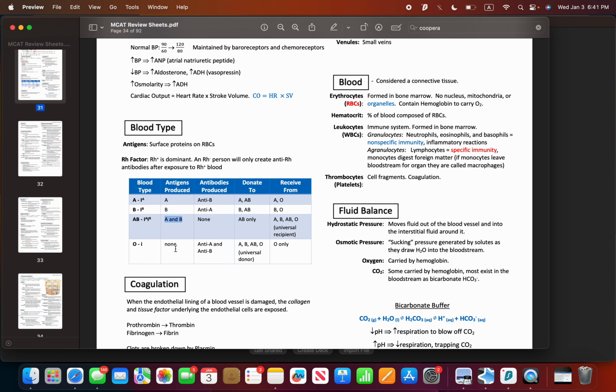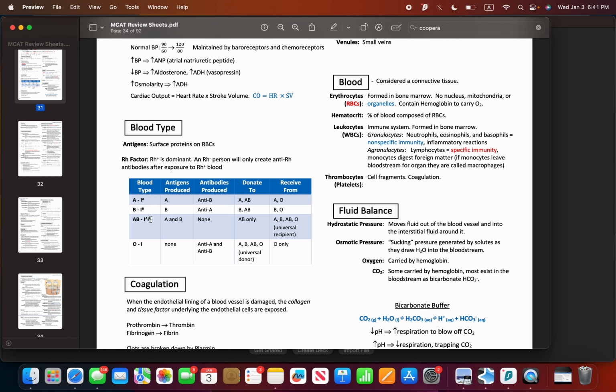How about the O individuals? Still, the O individuals have both antibodies, anti-A and anti-B, so that's the worst thing for the AB individuals, right?